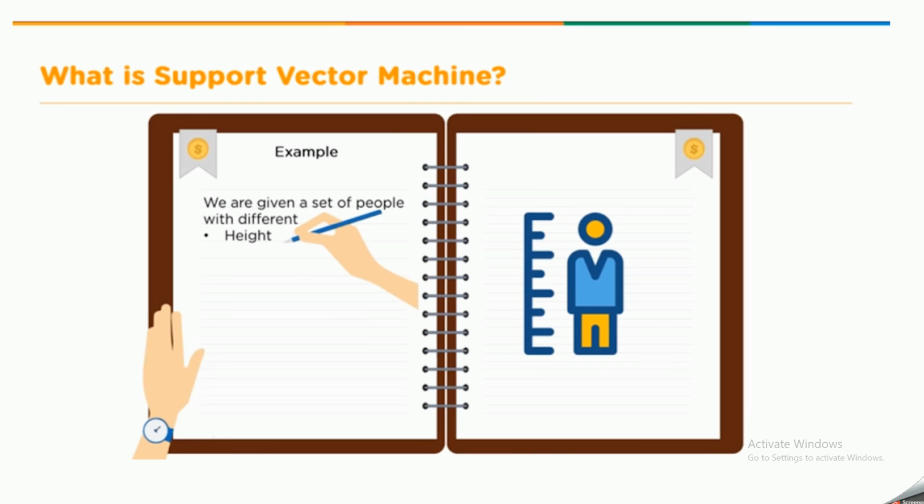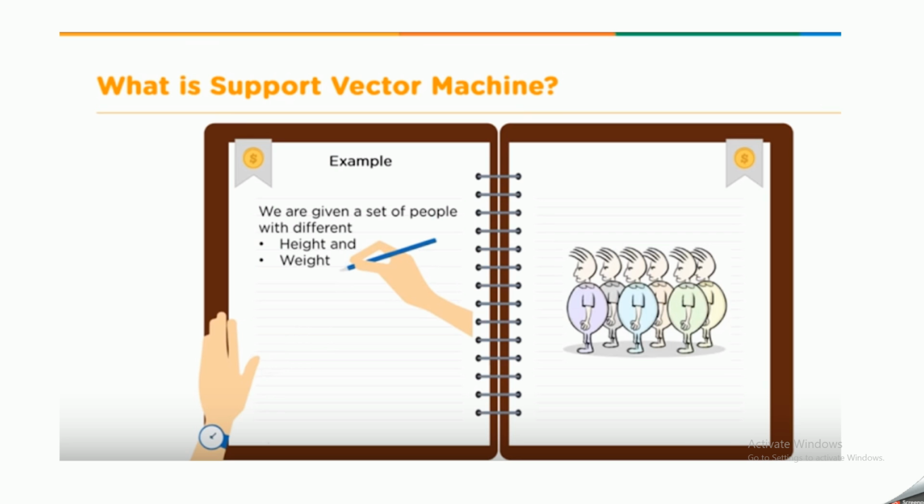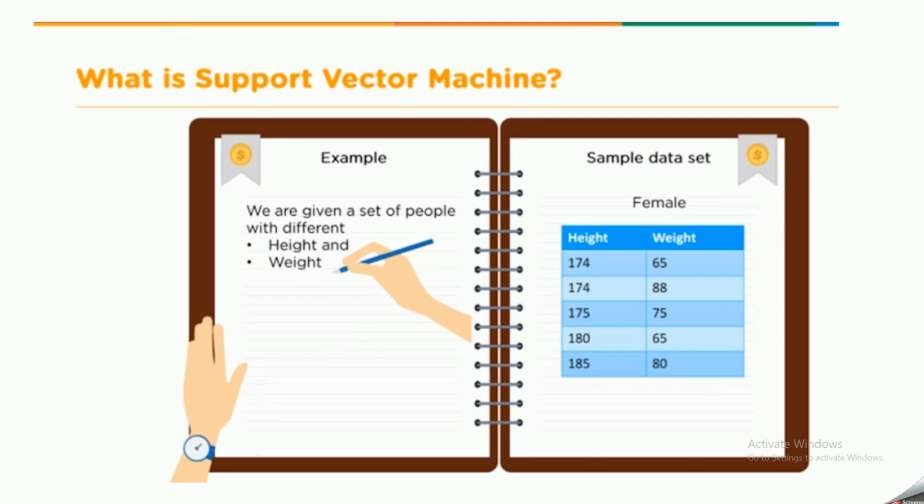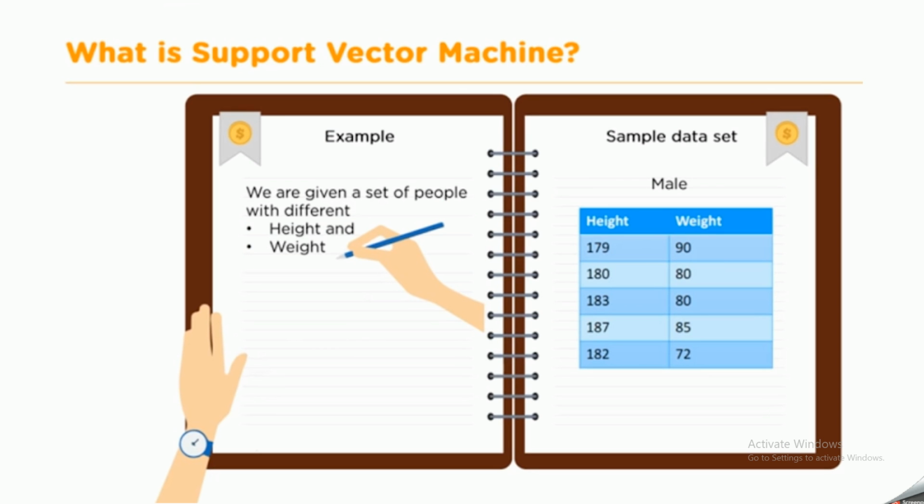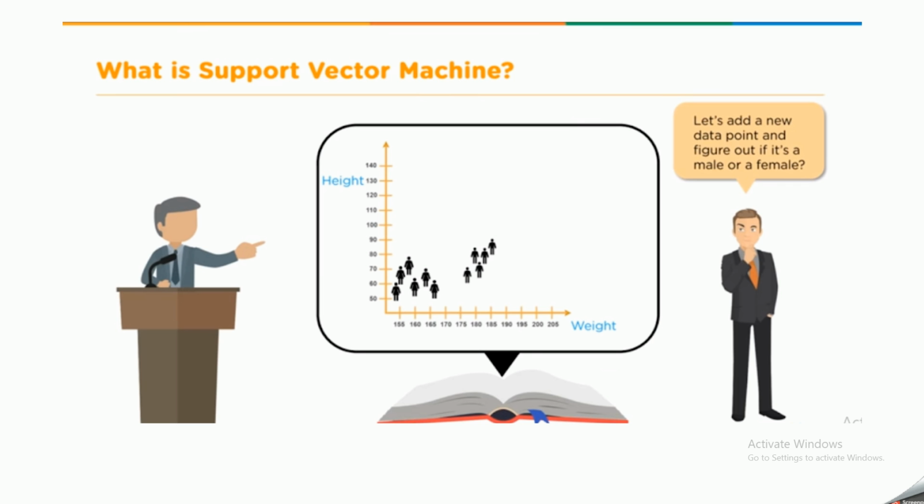Let us take an example. We are given a set of people with different heights as well as weights. This is the sample data set for females where height and weight are given. Similarly, we have the sample data set for males.